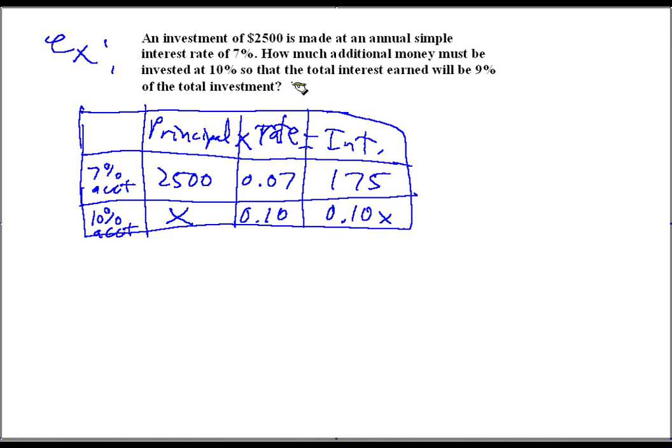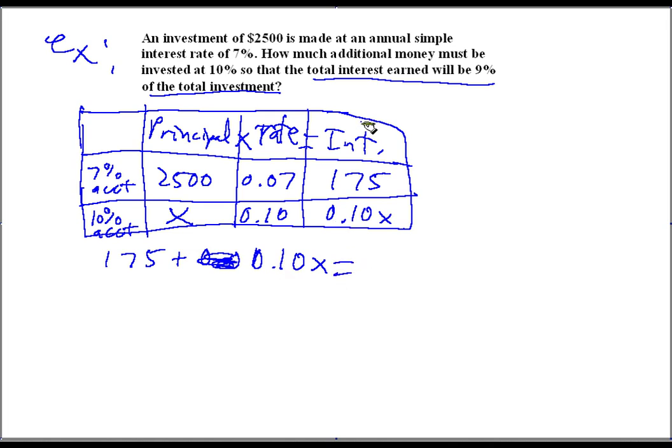Now it says how much additional money must be invested at 10% so that the total interest earned will be 9% of the total investment. So total interest is what? Adding these 2 up again, that's going to be 175 plus 0.10x equal to what? 9% of the total investment.